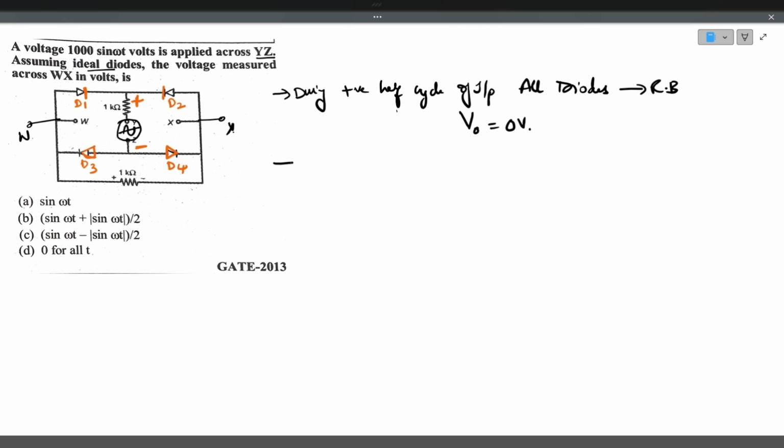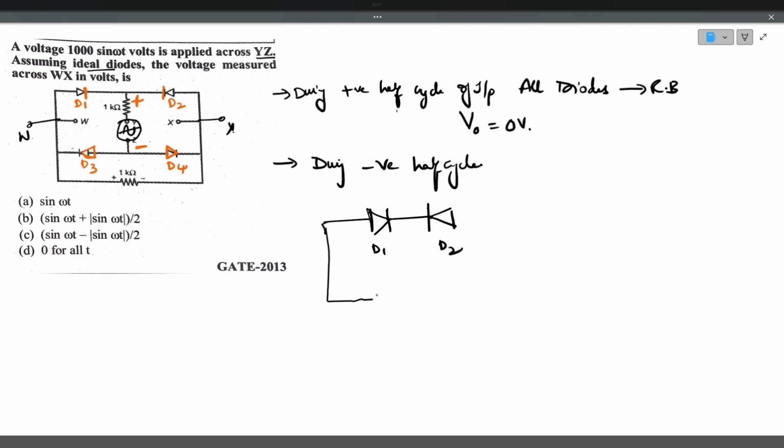So what happens during the negative half cycle? During the negative half cycle, if you observe the circuit, this is the circuit. Diodes D1 and D2 are connected to D3 and D4. So this is the input voltage here.